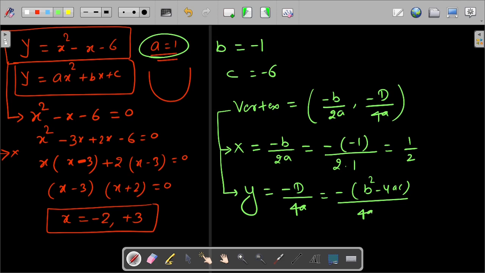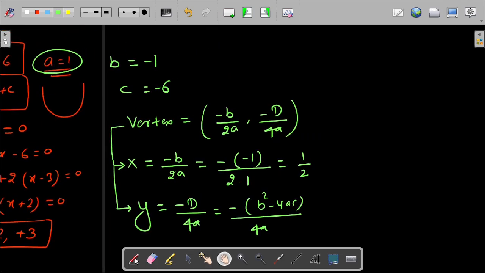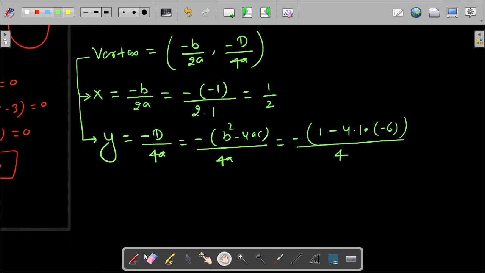Let's put the values: minus of b squared, that is 1, minus 4 times a, which is 1, times c, which is negative 6, upon 4 times a, that is 4, because a is 1. Doing the simplification, this will be minus of 1 plus 24 upon 4, so this is minus 25 upon 4.